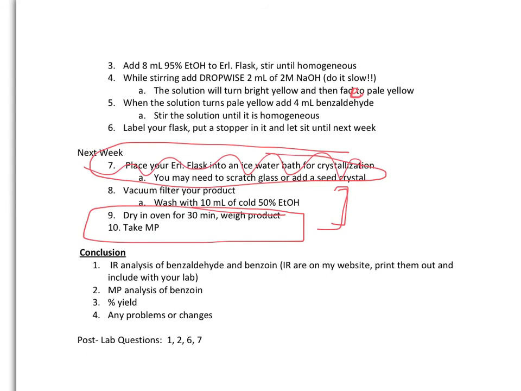Now, I did say in class, I told you that these are two different experiments. That means you are going to be writing two different aims. One which will say that you have the synthesis of benzoin. So, to synthesize benzoin.